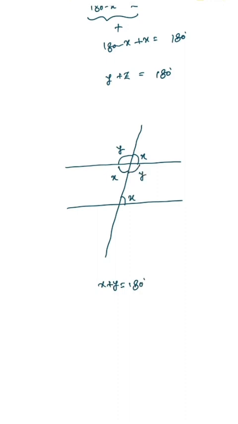Now this angle will be Y, and the sum of X plus Y will be equal to 180. Now this angle will also be Y, and this will also be Y. Again, we have a pair of X plus Y which is equal to 180. This angle will be X.